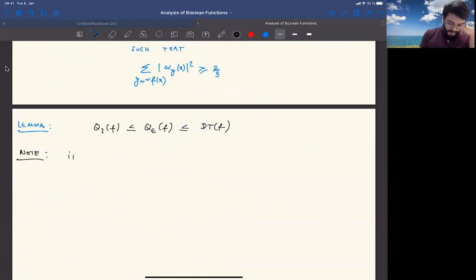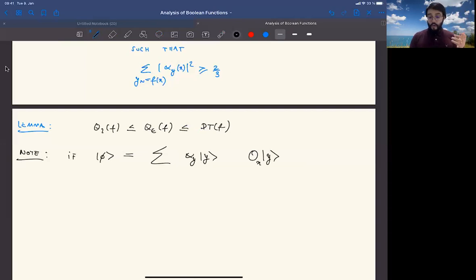Suppose you have a certain state with a superposition of bits. If we apply O of x to this state phi, because it's a linear operator, I have to apply it to each basis state. What would that be?